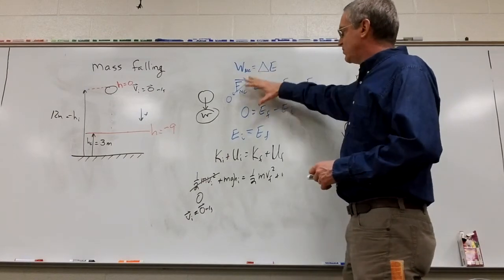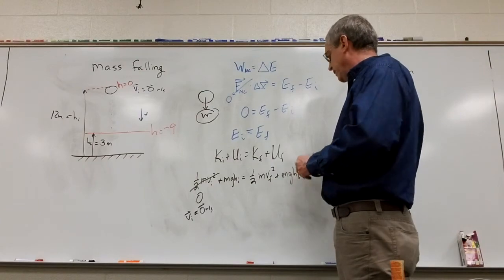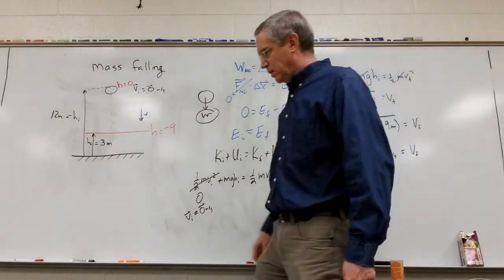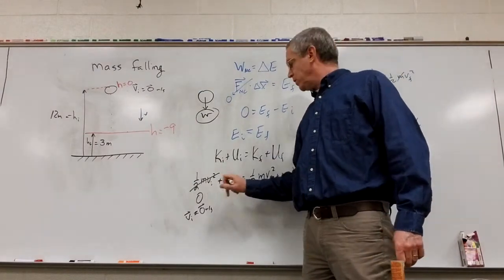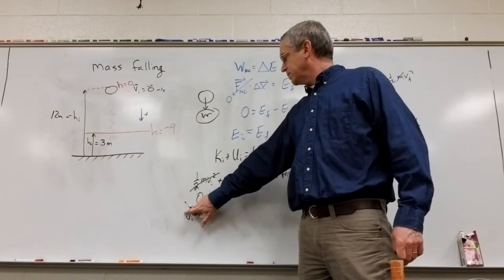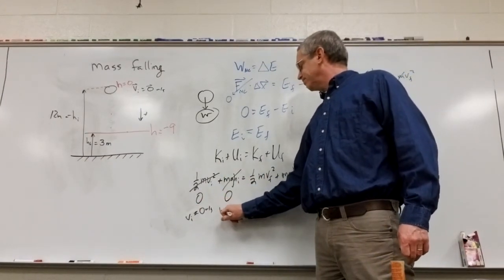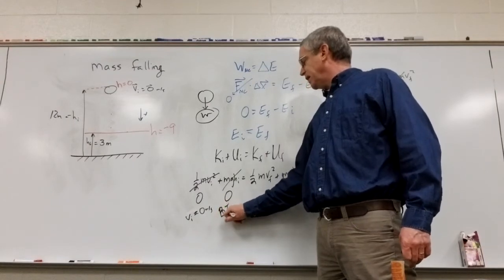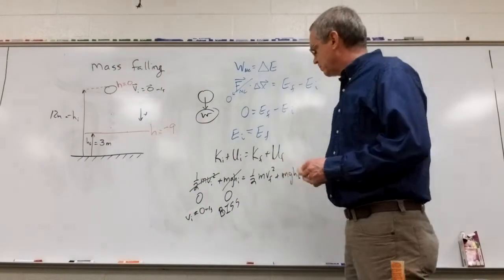So all of this stays the same, none of that has changed. This is mgh final. So what changes here, initial speed is still 0, and here, I probably should get rid of those vector symbols there. And here, this is 0 because I said so. I established h equal to 0 up there.